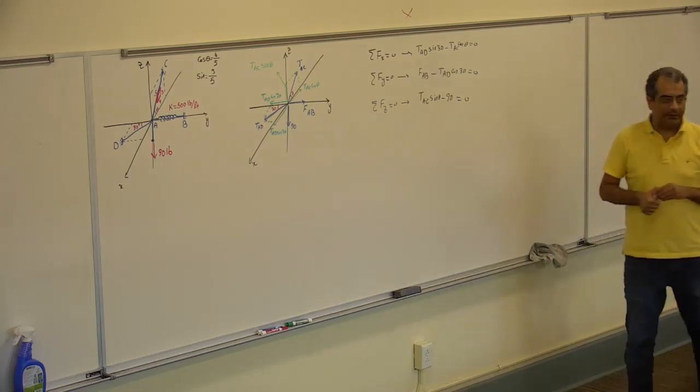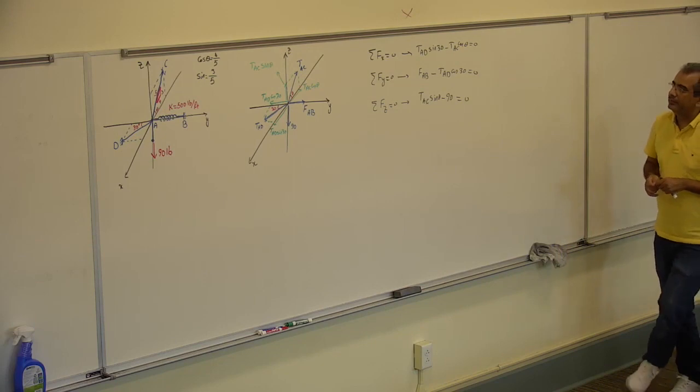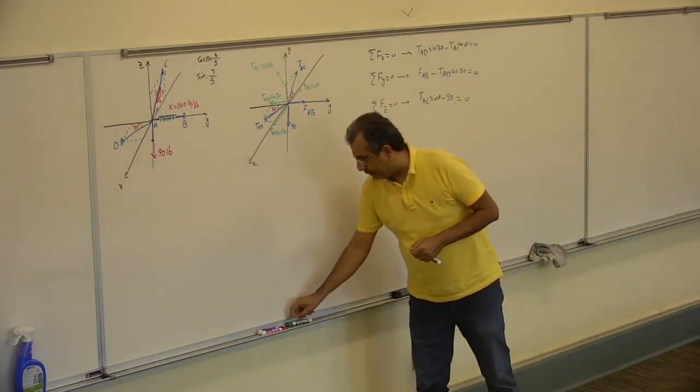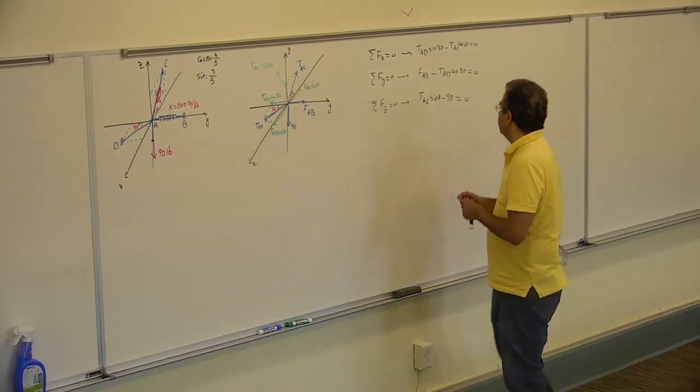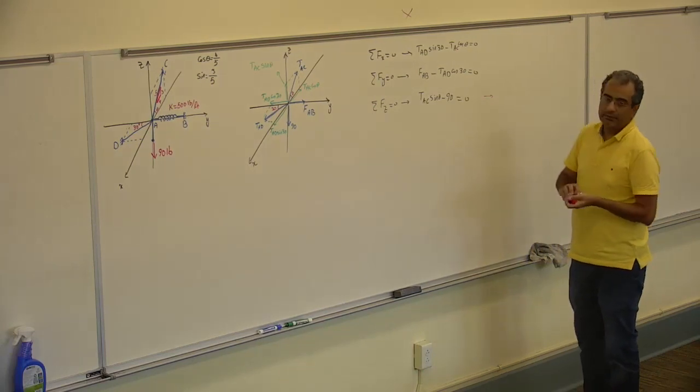So I have 3 equations, 3 unknowns. But this one is a little bit easier because from the last one, I can find TAC, right?